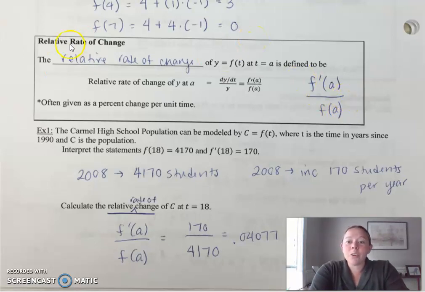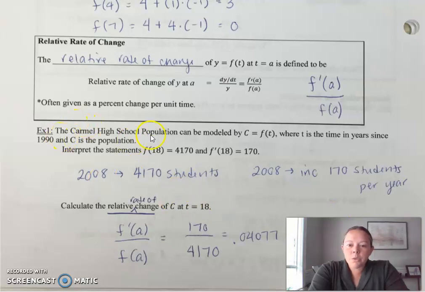This is called relative rate of change, and it's the derivative, which is a rate, over the original function value. In chapter 1, it was just a percent change. In this case, it's actually a rate. It's a percent rate of change. So we'll have to be careful. You'll notice when we do the problem how we put the unit. So this is slightly different.